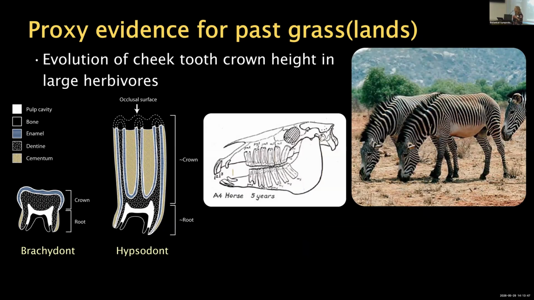In particular, paleontologists have looked at the functional morphology of large herbivores, in many cases ungulates, and in particular focusing on the evolution of low-crowned, or brachydont, teeth, on the left, such as a human tooth, to high-crowned, or hypsodont, cheek teeth, such as on the right.